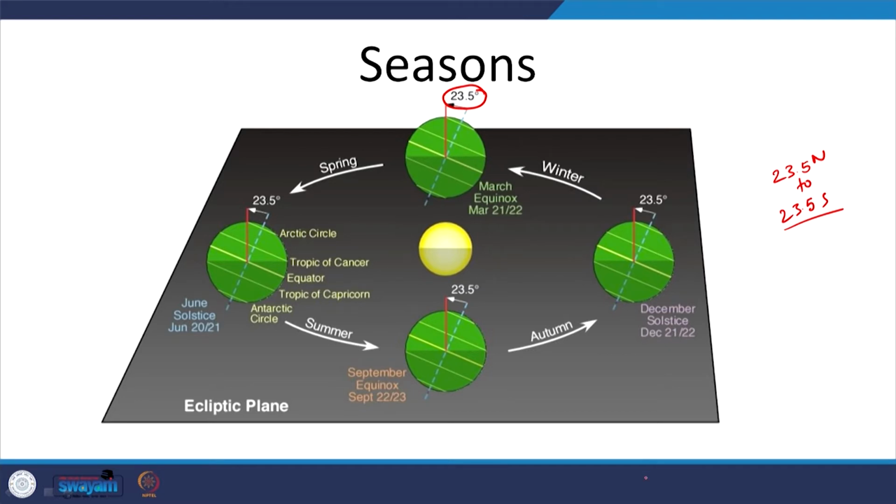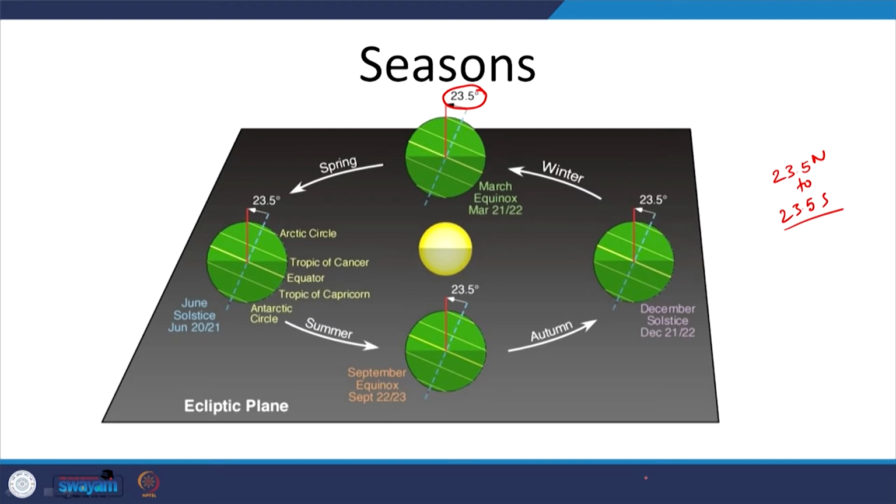And there are times when the Earth is in such a position that the duration of day and the duration of night are exactly equal. Those times are generally called the equinoctial times. So, it is basically the rotation of the Earth combined with the axial tilt that gives you the seasons.